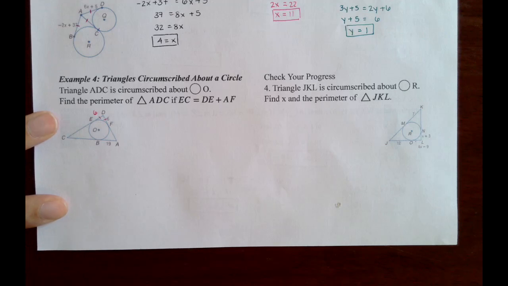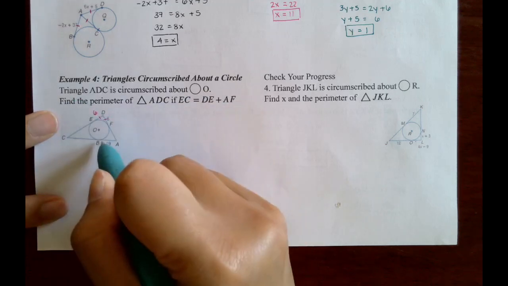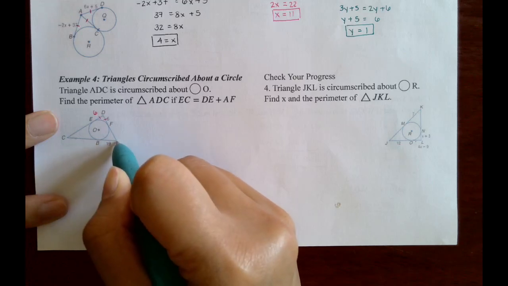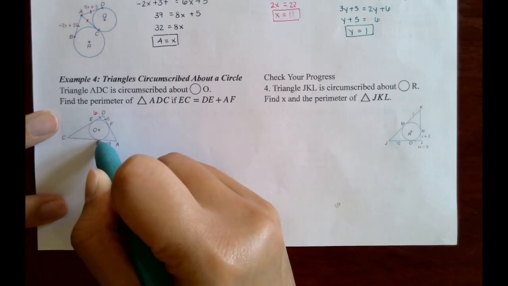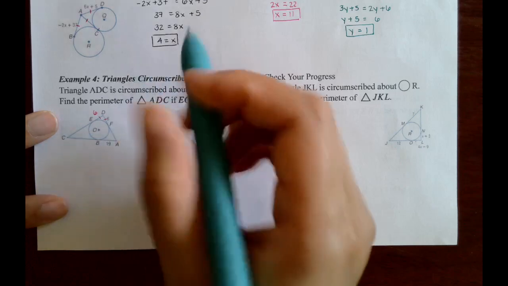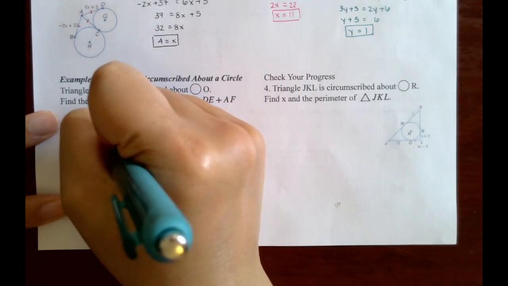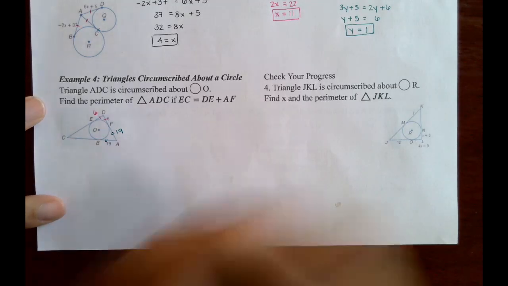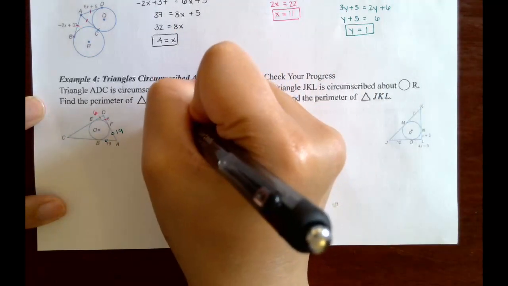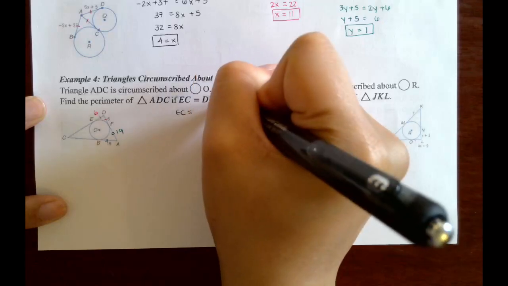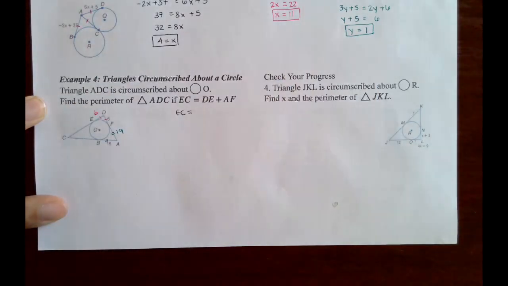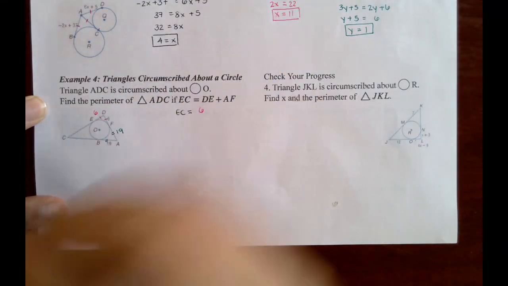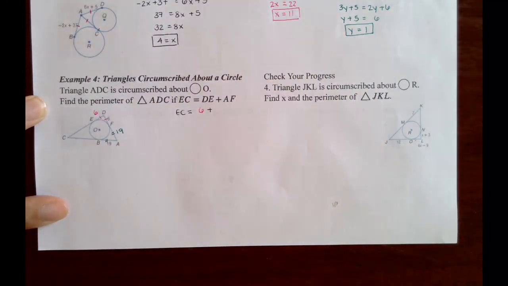Same thing here. Note that these tangent lines touch at A, so BA is 19, and FA is also 19. With the idea that EC equals DE plus AF, DE is 6, and AF is 19.